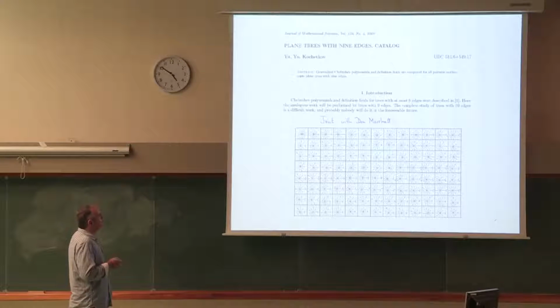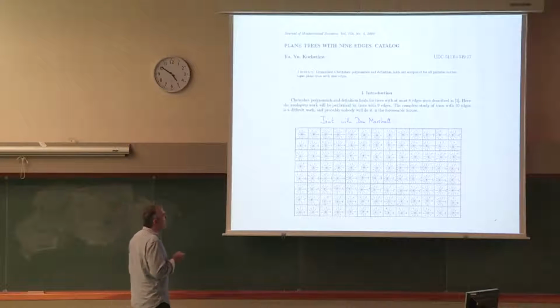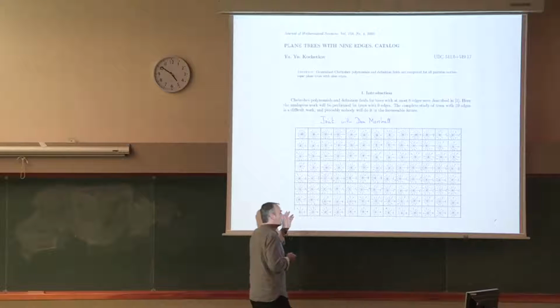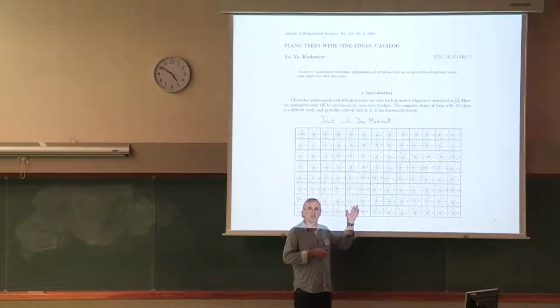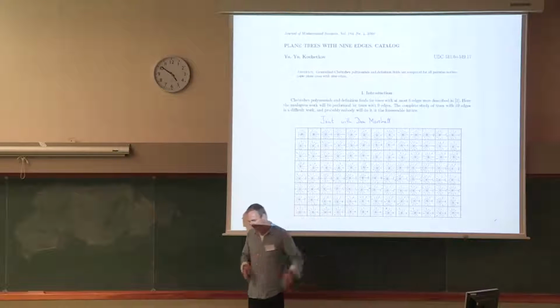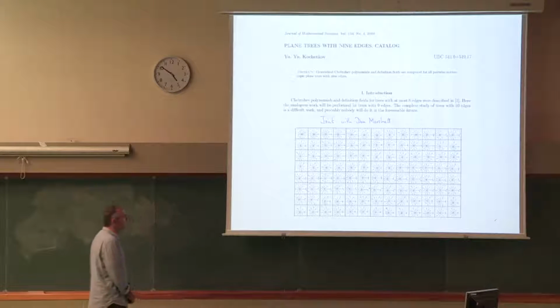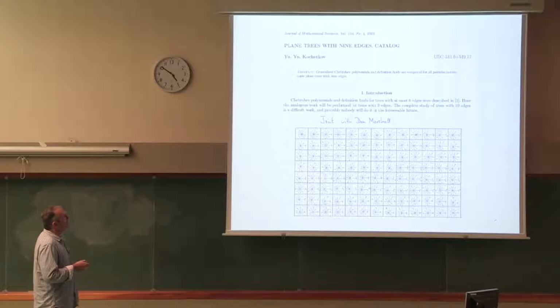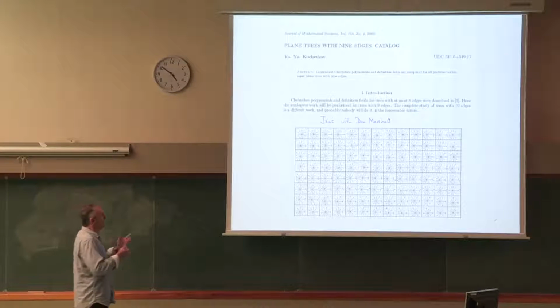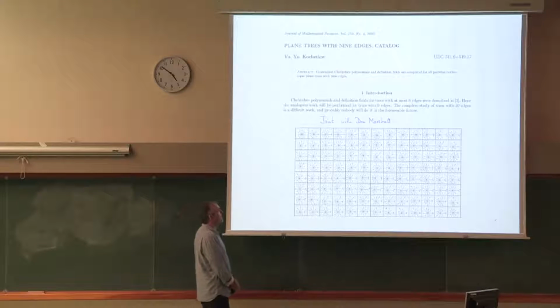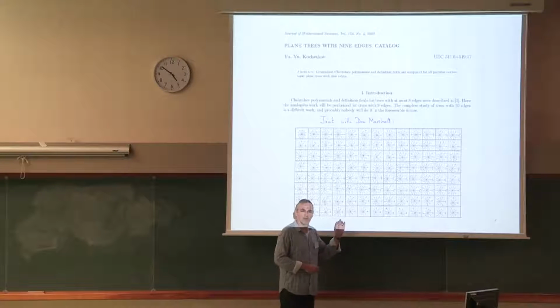And okay, so I don't want to say too much about it, but the computation of these is actually of huge interest in some areas of mathematics: computation, algebra, algebraic geometry, and number theory. And people made a catalog relatively recently of all trees with 9 edges. And it was said in this paper by Kuchekov that for trees with 10 edges, making a catalog is difficult work, probably nobody is going to do it in the foreseeable future.